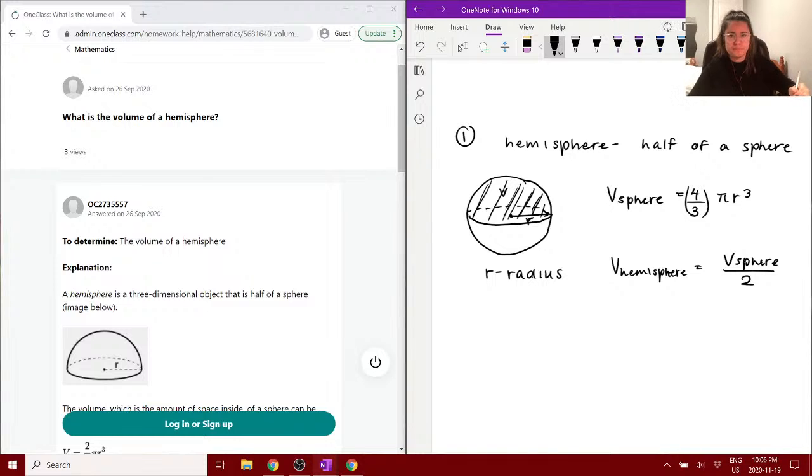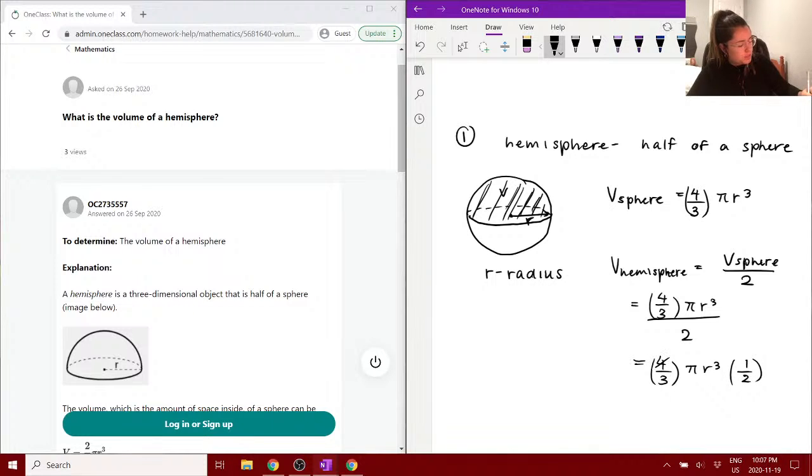As we said, we know what the volume of the sphere is, so all we have to do is sub that in. So we have 4 over 3 pi r cubed divided by 2. We can think of it also as 4 over 3 pi r cubed times 1/2.